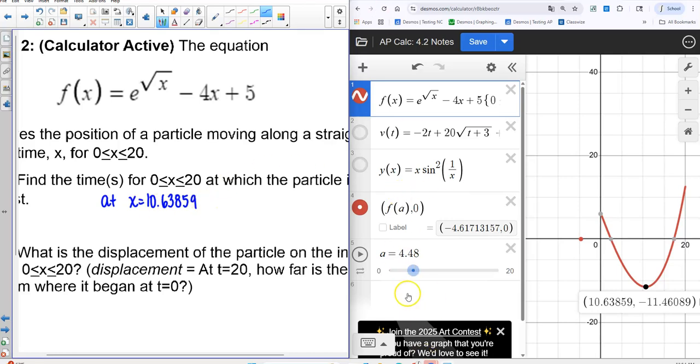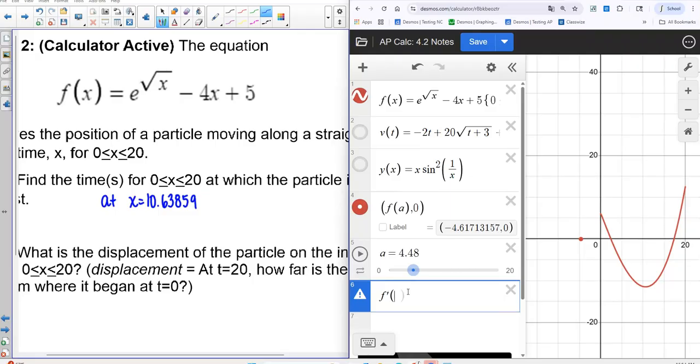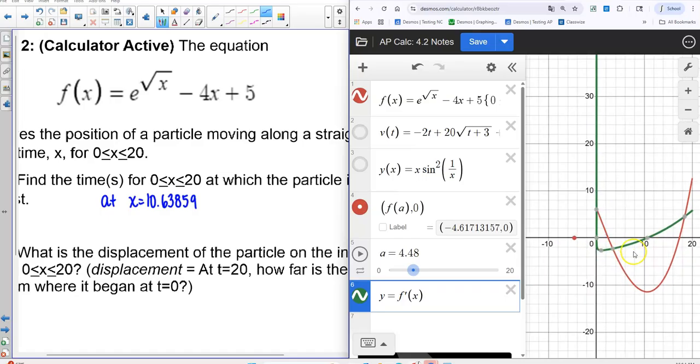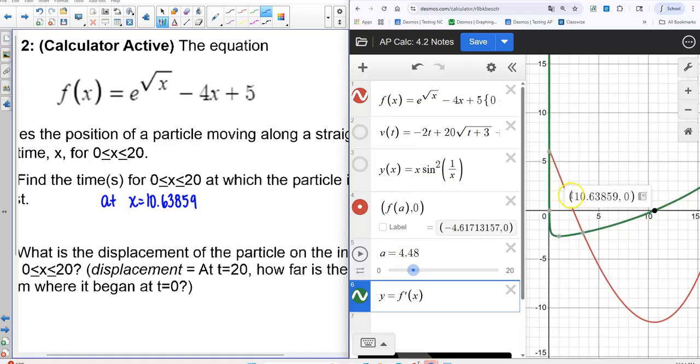Or here's another option. If you do y equals f prime of x, it is going to graph the velocity for you. What is your velocity if you're at rest? 0, right? So if I look right here, the green graph is my velocity, and the velocity equals 0 at 10.63859, that same point, right?